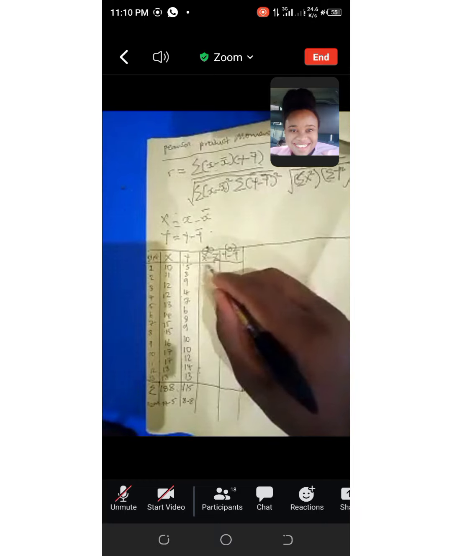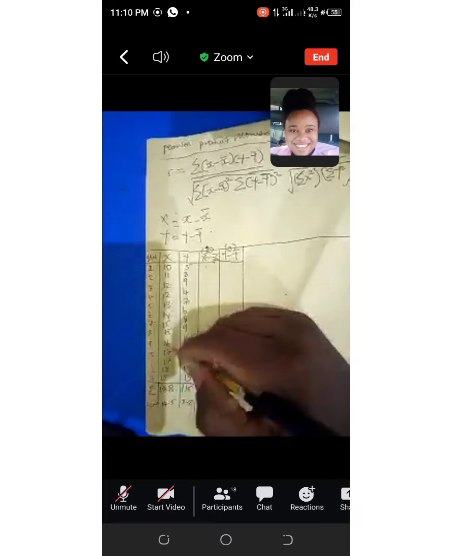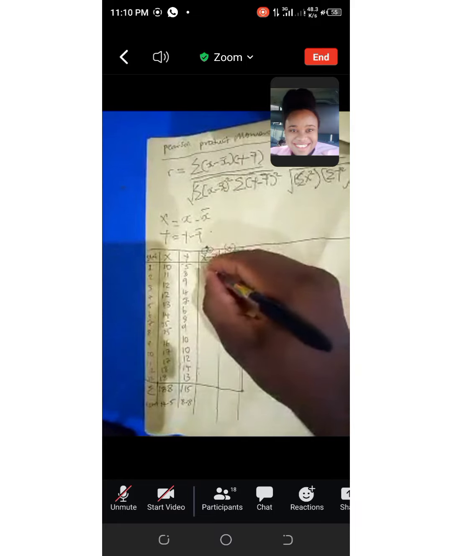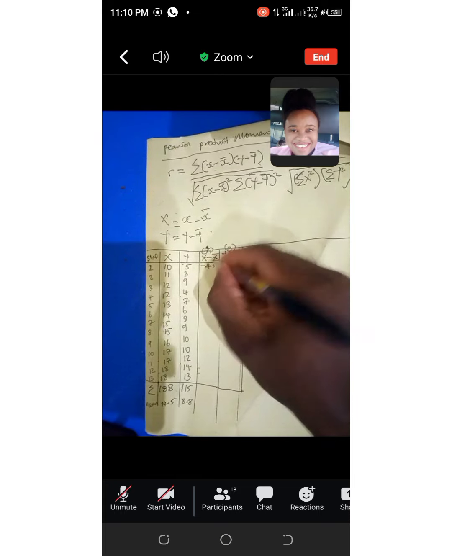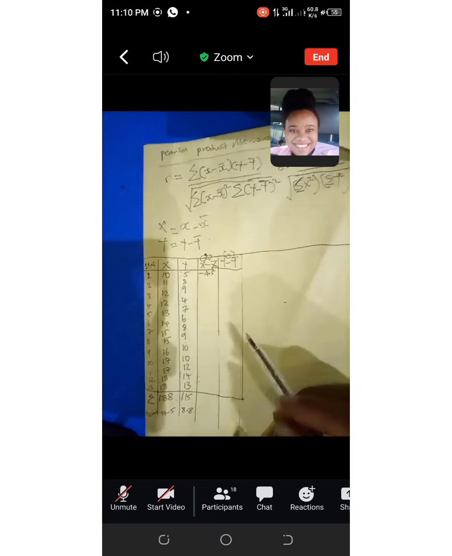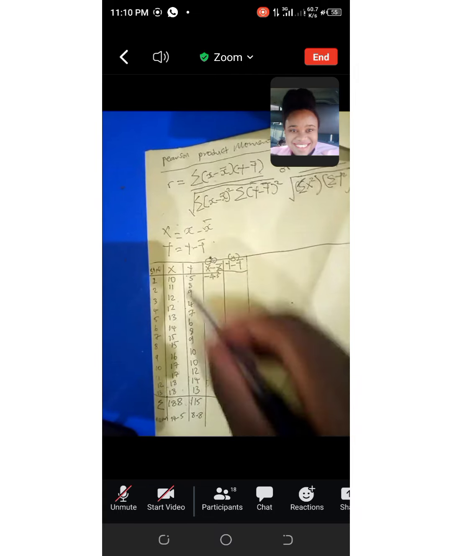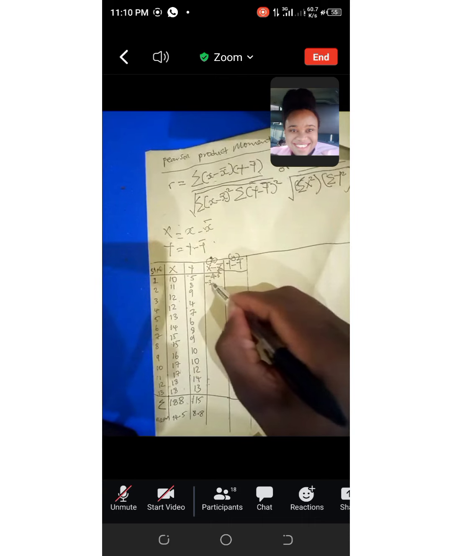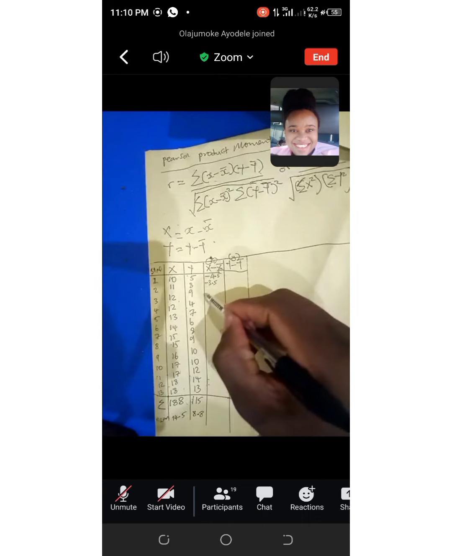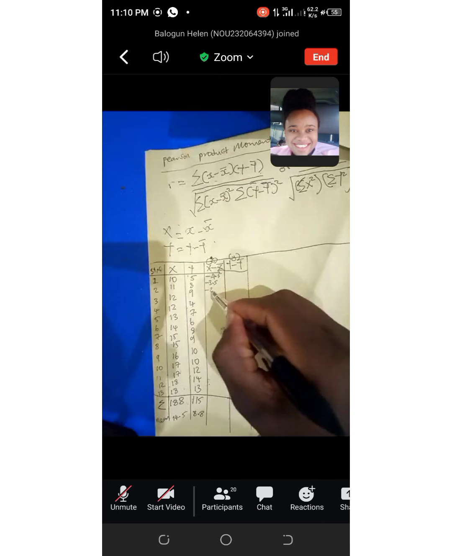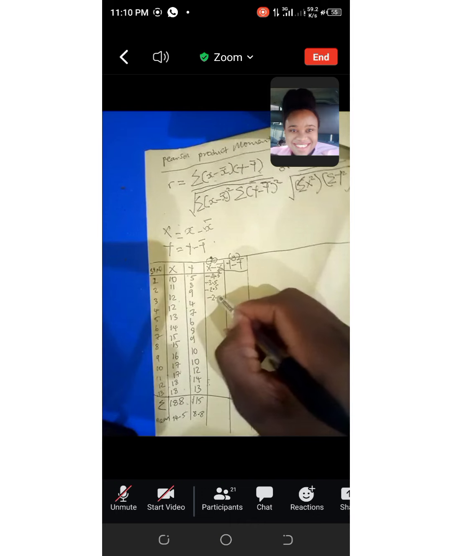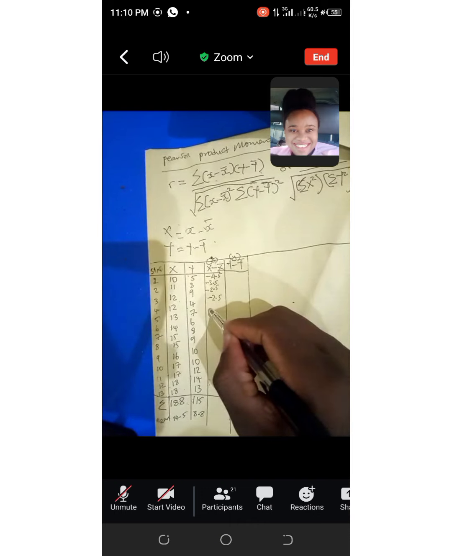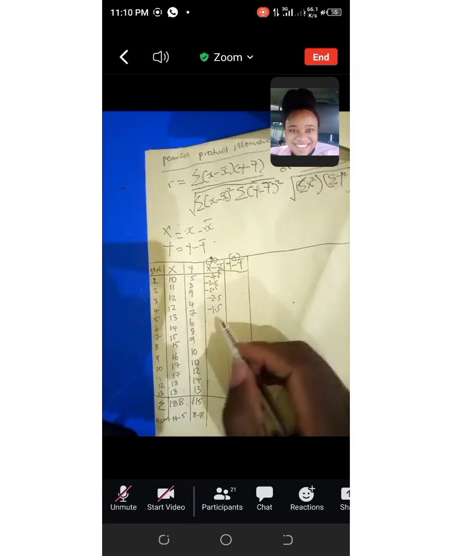So 10 minus 14.5 is minus 4.5. Then 11 minus 14.5 is minus 3.5. 12 minus 14.5 is minus 2.5. We'll just continue that with 13 minus 14.5, which is minus 1.5. So I hope everybody understands how we are getting this.